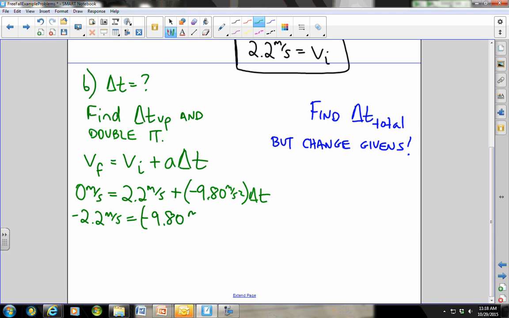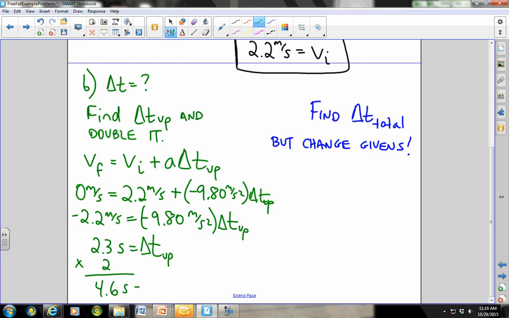This is working out well because I'm not going to get a negative time. That's important. And so then I think you end up getting like 2.3 seconds. But that was really the time for it to go up, because remember we paused and did half of the problem. So then you'd have to multiply by 2 to get a final answer of 4.6.